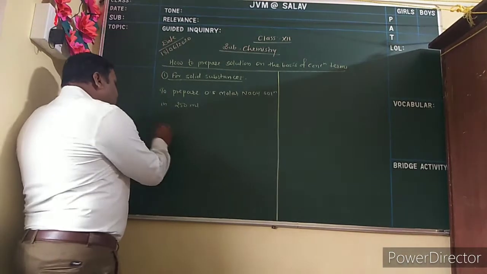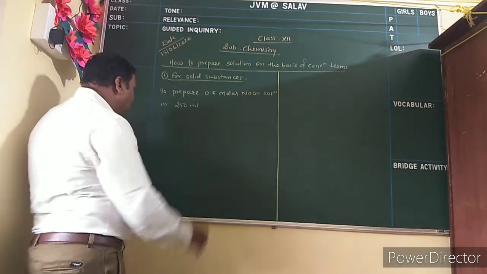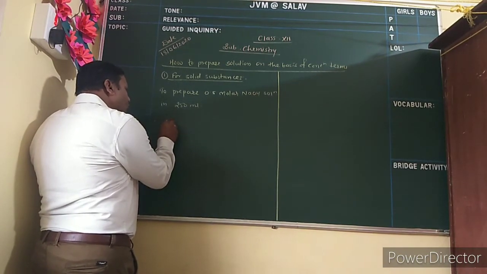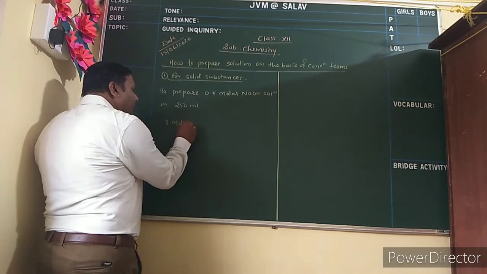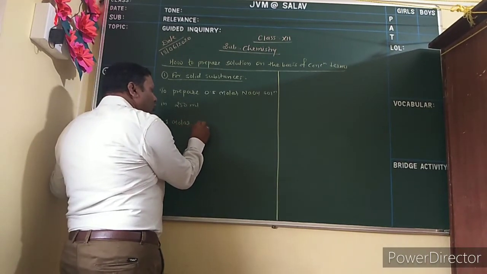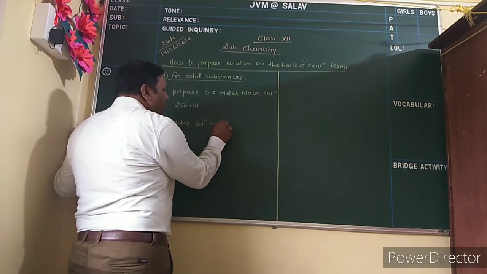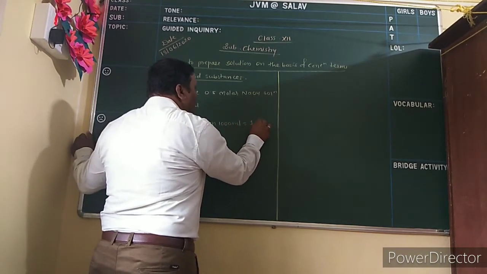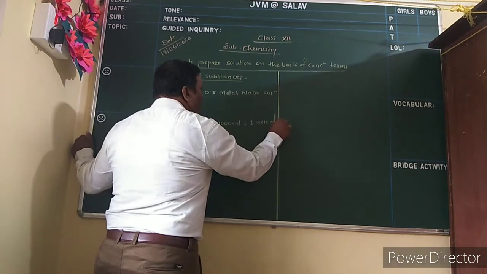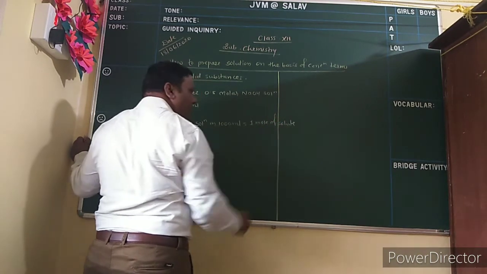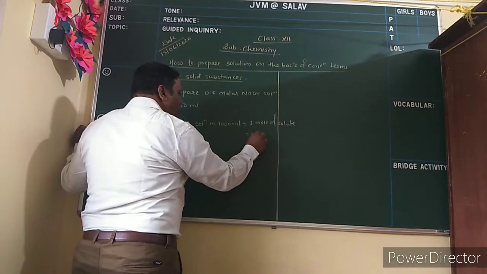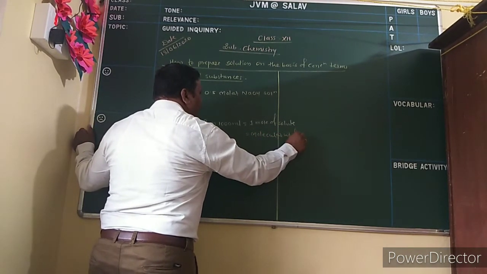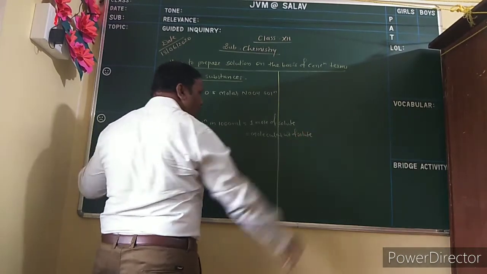So generally it says that a 1 molar solution in 1000 ml is equal to 1 mole of solute, that is, the molecular weight of the solute.